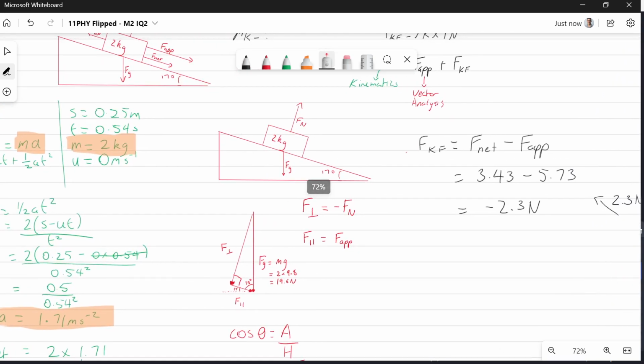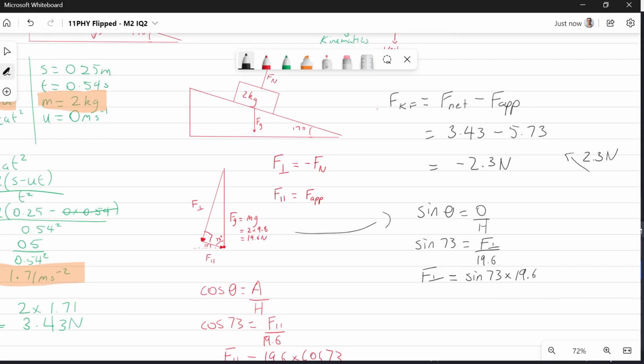To calculate F perpendicular, which is currently opposite to the angle that we have in our right-angled triangle, we're going to have to use sine. In other words, our opposite side and our hypotenuse will be substituted into the equation. And that value comes to about 18.74 newtons of force.